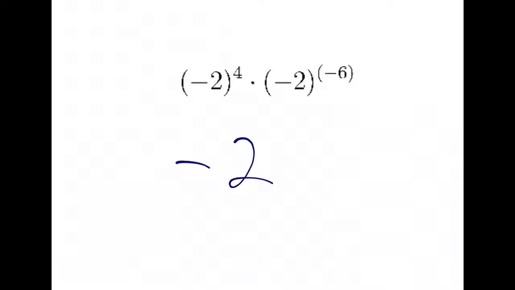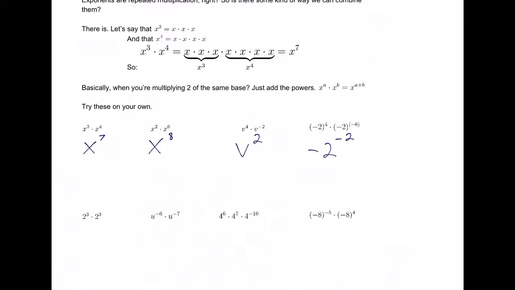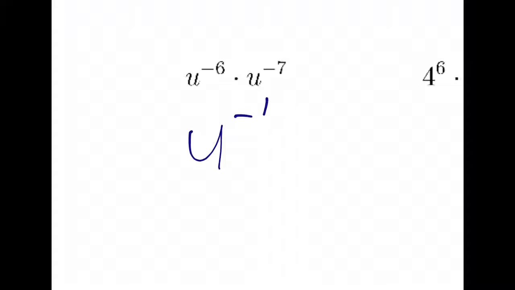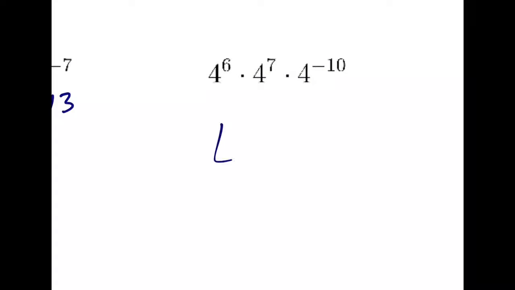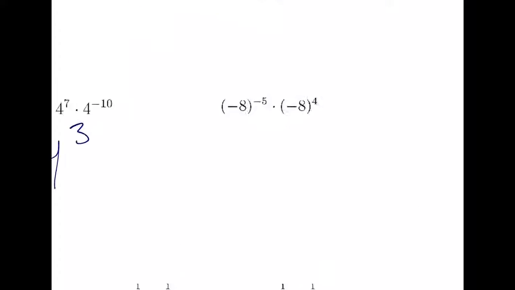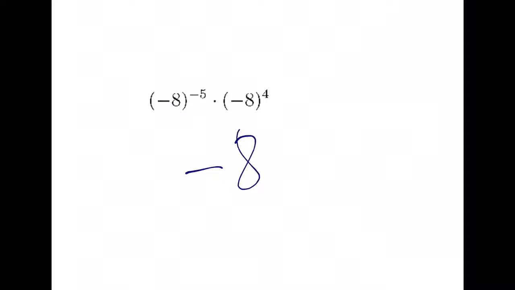This same base, negative 2, if we combine the exponents, it gives us the power of negative 2. 2 to the 6th, because 3 plus 3. U to the negative 13th, as we add those together. So 6 plus 7 is 13, minus 10 is 3. Negative 8 to the negative first.